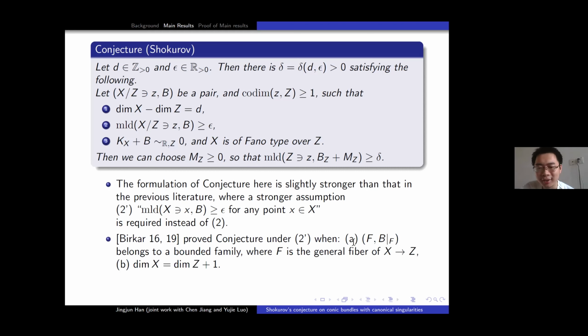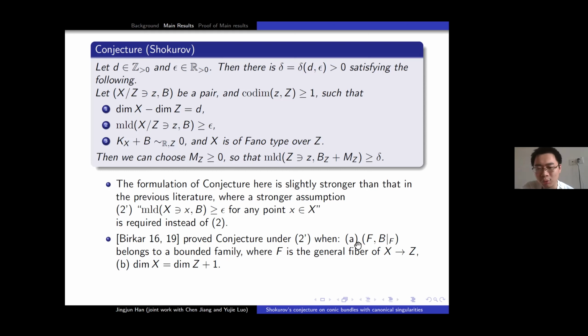He proved it in several cases. One case is that the general fiber F, with B restricted to the general fiber, belongs to a bounded family. Since F is of Fano type and the singularity is epsilon-log canonical, by the BAB conjecture, or the BAB theorem, you can show that F belongs to a bounded family. But here we require that (F, B|_F) belongs to a log bounded family.